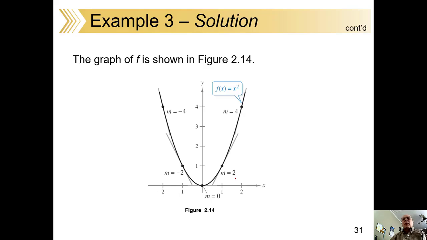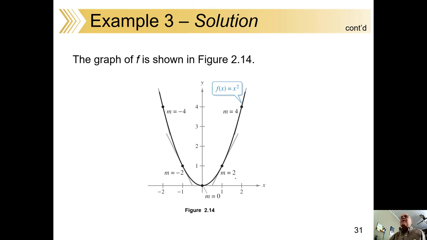There's our parabola, and there are a couple of the points, or actually all the points. They have 2 of the lines drawn in, but all the slopes are put there next to the points. And you can see by looking at the slope of the tangent line how steep some of those would be.